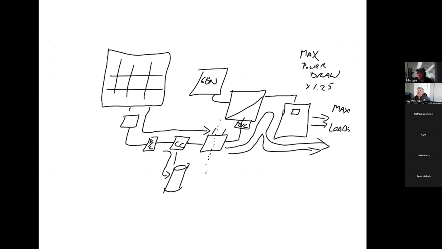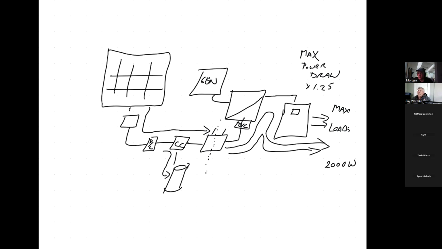So if I add up all of my loads that could be operating at the same time, and I find that I've got 2,000 watts of instantaneous power. Remember, power is in watts and energy is in watt hours. Energy is power over time.